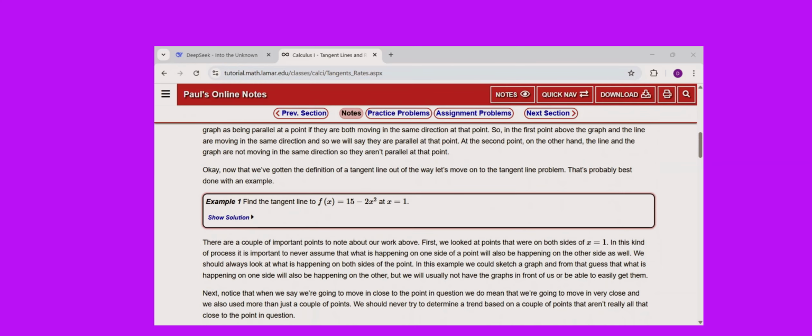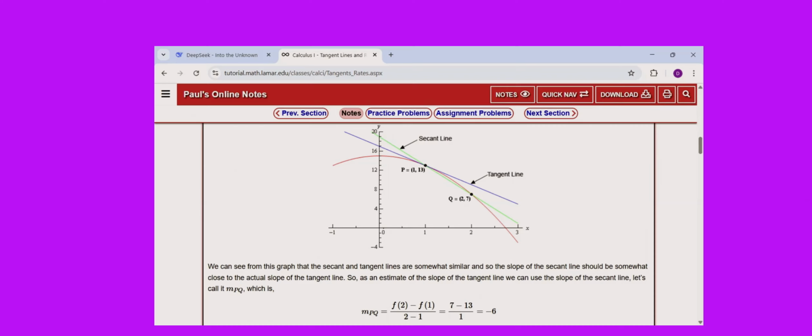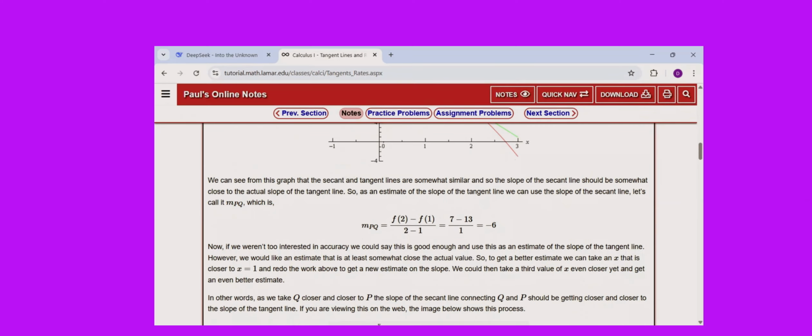Okay, find the tangent line of f of x squared. The slope of f of 2 minus f of 1 by 2 minus 1. This is the formula of the tangent slope: f of b minus f of a, divided by b minus a.